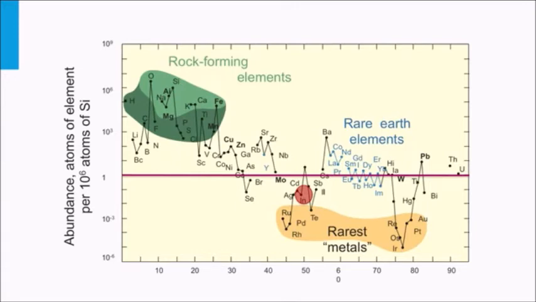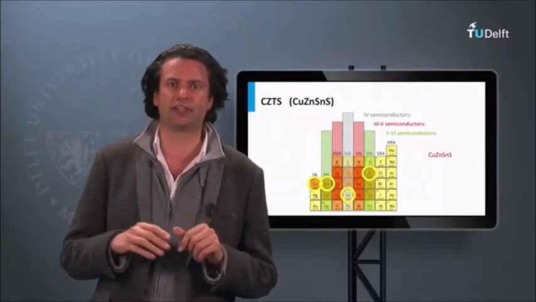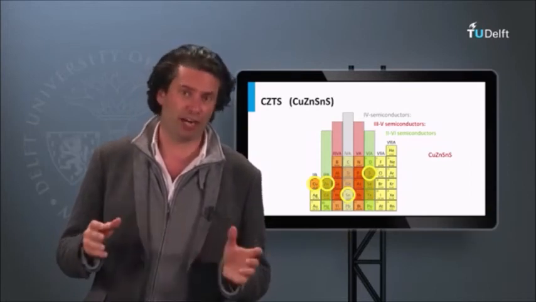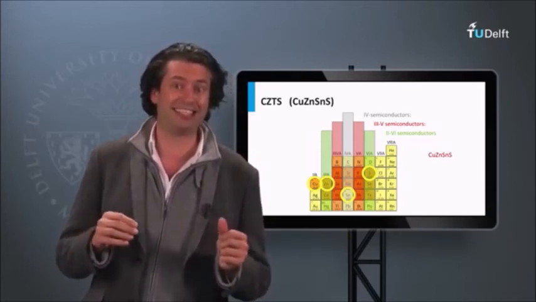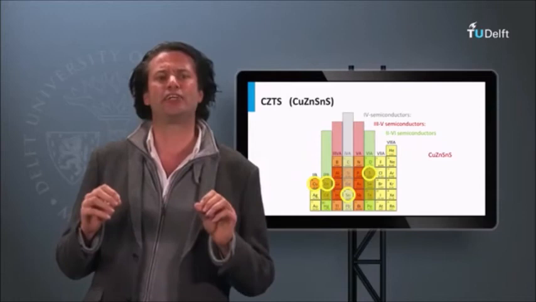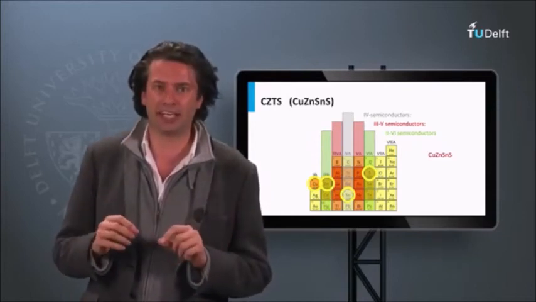Therefore, indium might be the limiting step to upscale the CIGS PV technology to future terawatt scales. In addition, the current display industry depends on indium as well, as ITO is integrated in many display screens. Consequently, the interest in copper zinc tin sulfide, referred to as CZTS, is increasing to replace the CIGS absorber layer.